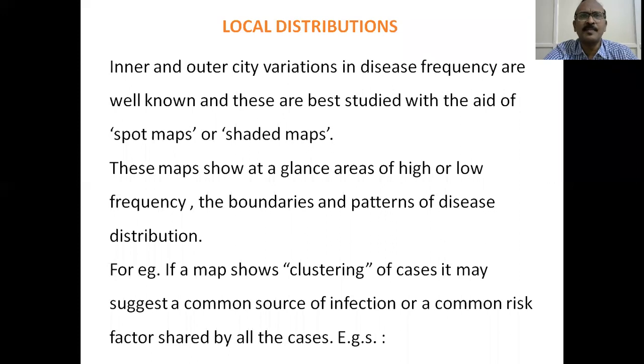These maps show at a glance areas of high or low frequency, the boundaries and the patterns of disease distribution. If a spot map or a shaded map shows a large number of cases or clustering of cases, it suggests a common source of infection or a common factor shared by all the cases.